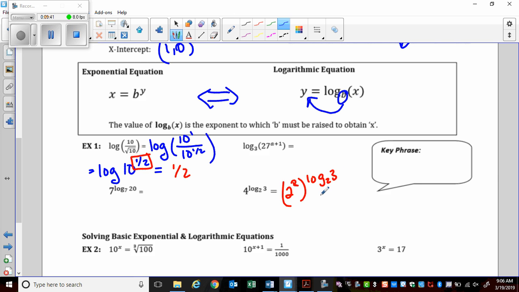So this is going to be 2 to the log base 2 of 3 squared, all squared, because we can multiply it. And now these can cancel. But we're still going to get 3 squared. So this is equal to 3 squared, which is 9.